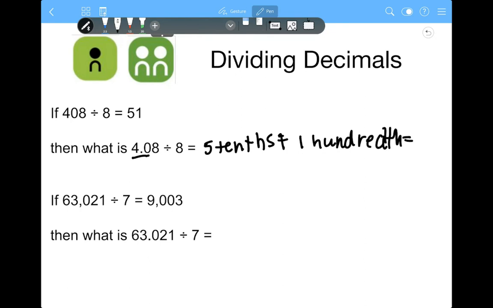And when I add them together, I get 51 hundredths. So the decimal is between the ones and the tenths here. Okay, same thing with this next one.